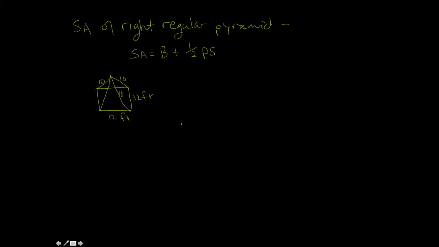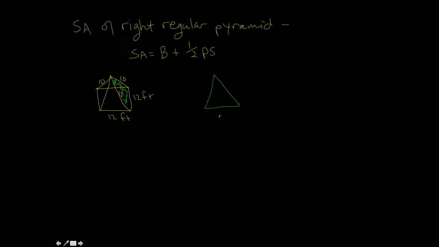So the slant height, if we were to take one of these triangles out, let's take one of these triangles, this one right here, and let's just take it out and look at it.